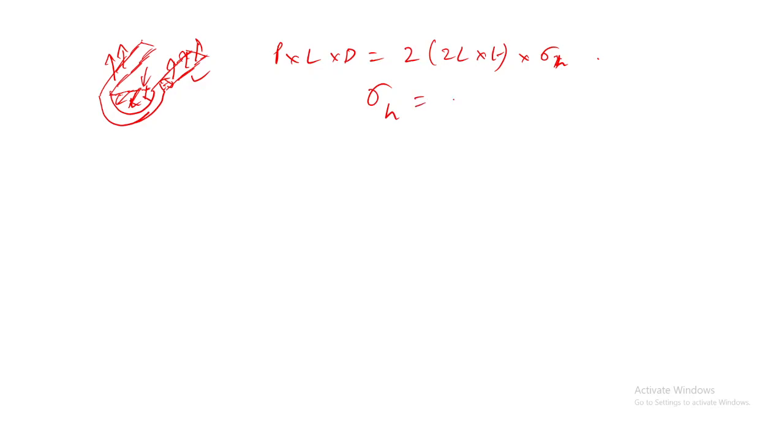So sigma hoop, sorry, L into T is the area, so 2 times L will be the total area. So it will be PD by 2T, and if I take into account the joint efficiency, it will be PD by 2T into eta longitudinal joint.